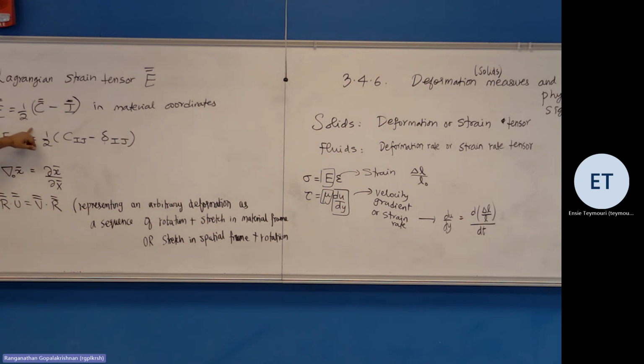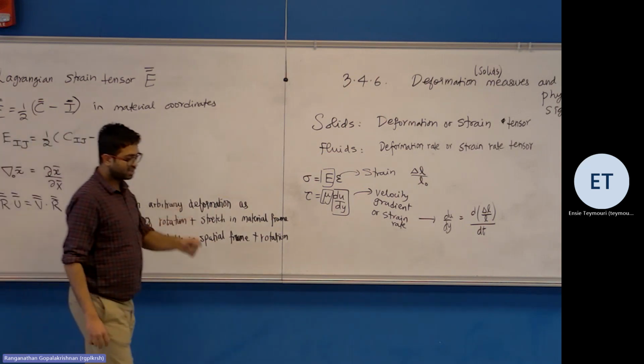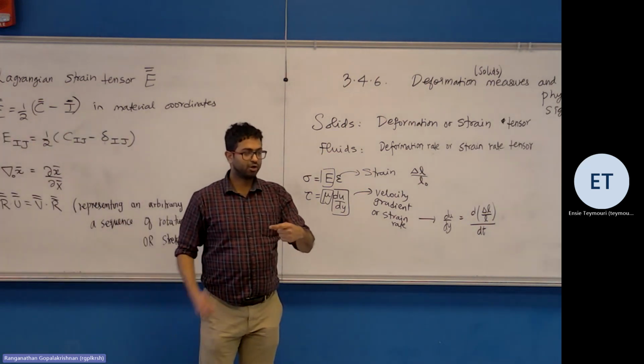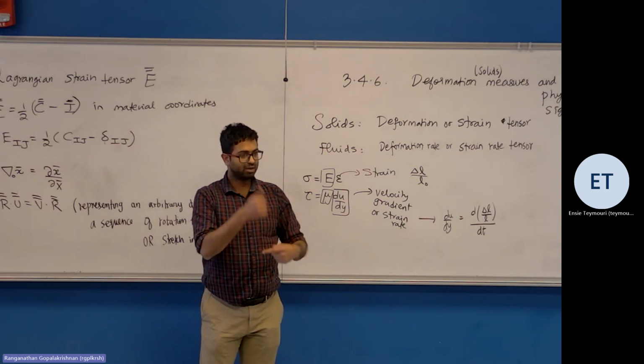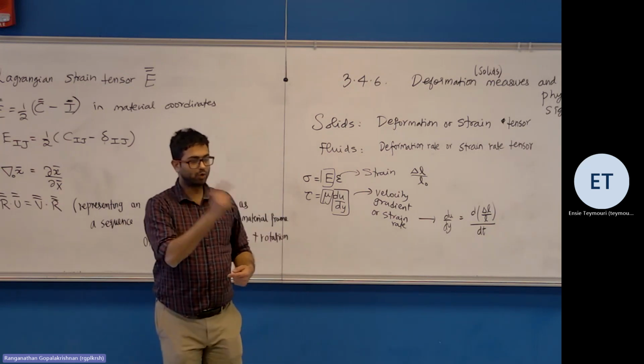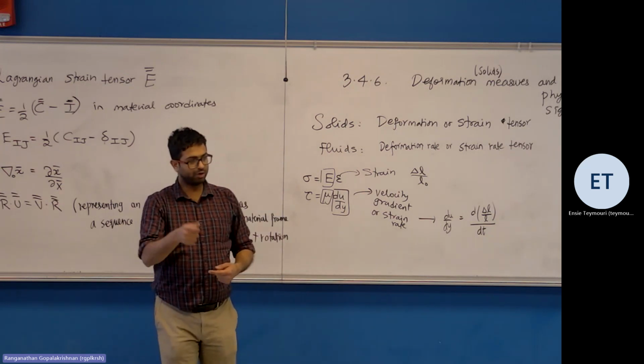The 1,2 element should be change in length along direction 1 due to loading in direction 2. The 1,3 element should be change in length along direction 1 due to loading in a third direction. The 9 elements of this strain tensor should essentially tell you what is the change in length along a certain direction due to loading in that direction and in the two other directions. 1,1, 1,2, 1,3, 2,1, 2,2, 2,3, 3,1, 3,2, 3,3.